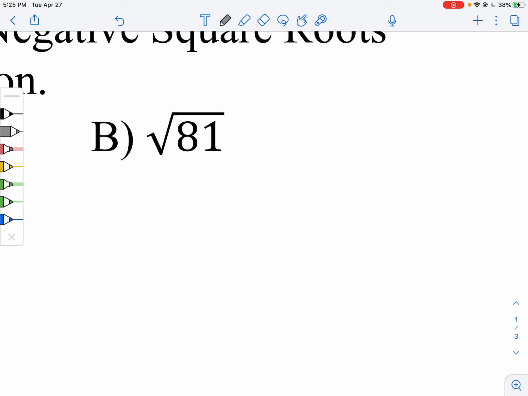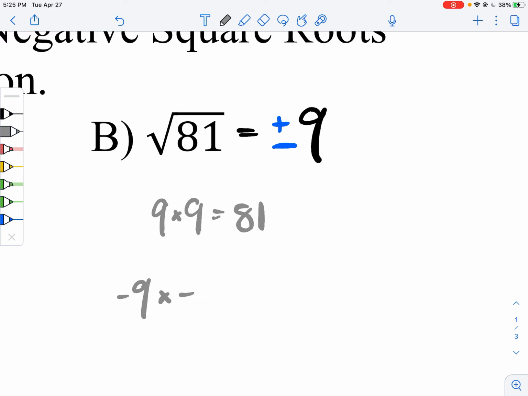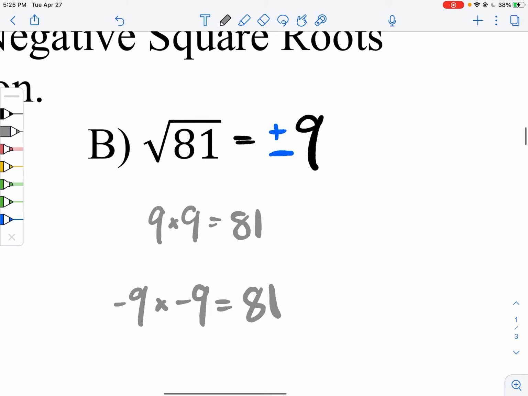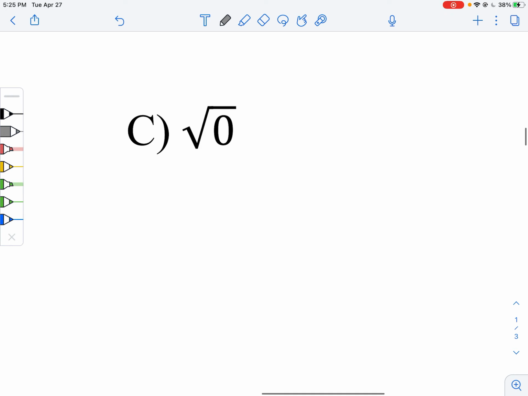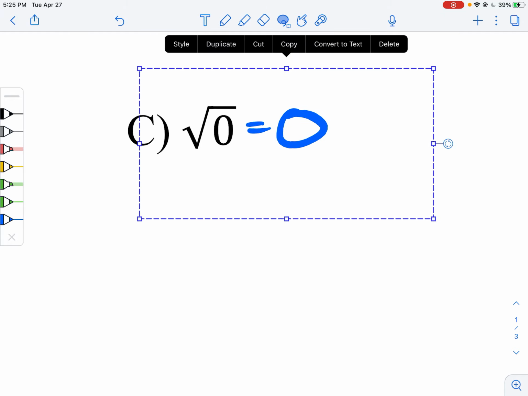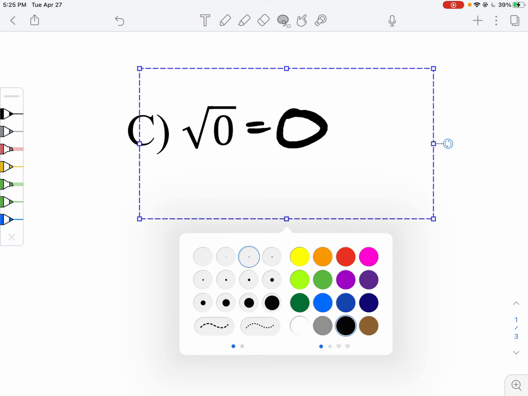Well, it's 9, but also negative 9, because 9 times 9 is 81, and negative 9 times negative 9 is also positive 81. This is my favorite one. 0 is not considered positive nor negative, so you just have one solution here. The square root of 0 is just 0.